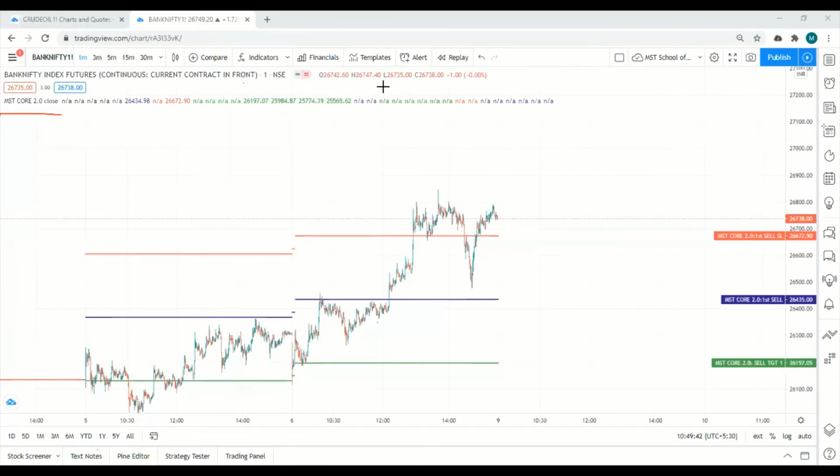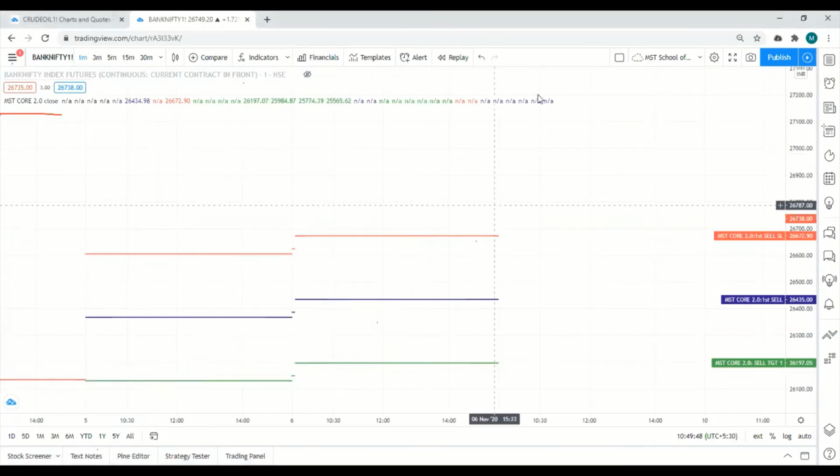The benefit of this indicator is you don't have to look at the chart candlestick pattern. You just look at the values. Whatever values are there for buy entry, sell entry, just place. Don't look at the candle. Don't look at the pattern. You will be afraid, and you will come out of the market with less profit or with loss. Wherever the market goes, you don't worry.